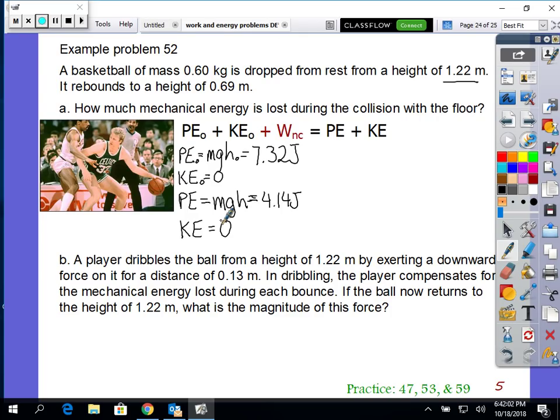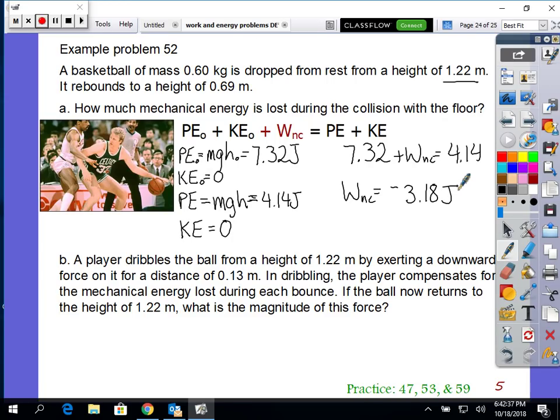So now we'll have the initial potential energy plus 0 plus the non-conservative work equals the final potential energy plus 0. So 7.32 plus WNC equals 4.14. So the non-conservative work, just have to subtract and we get negative 3.18 joules.